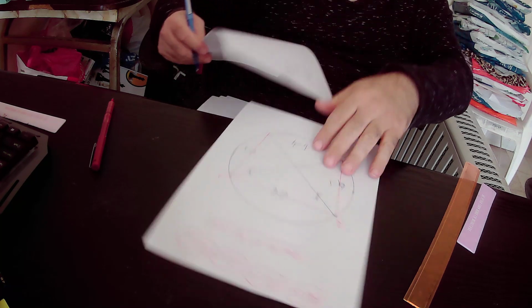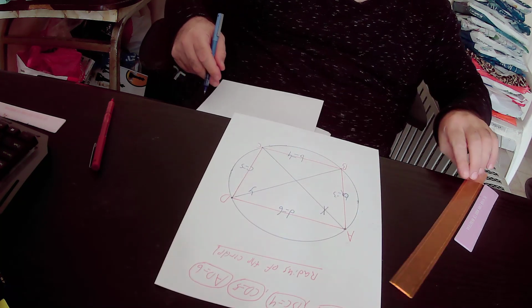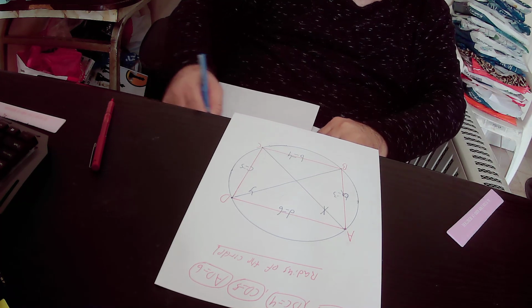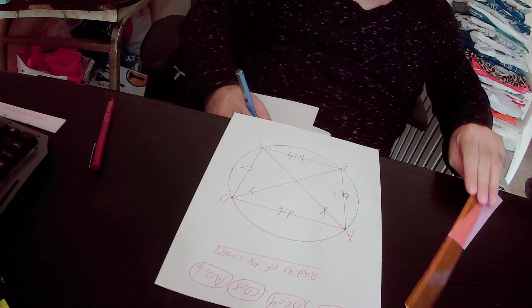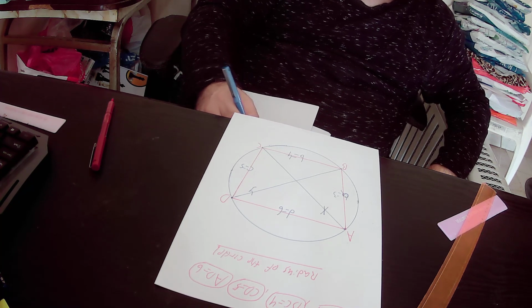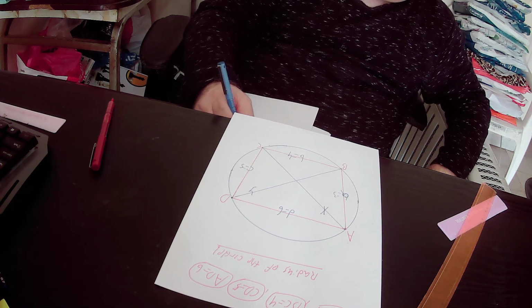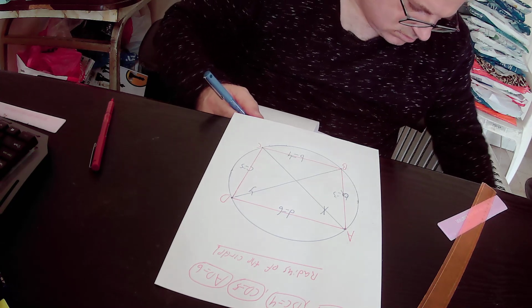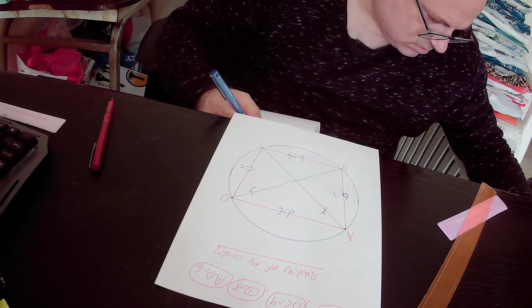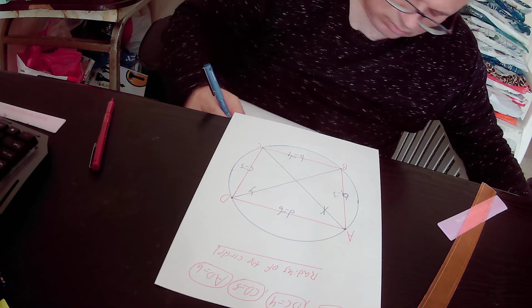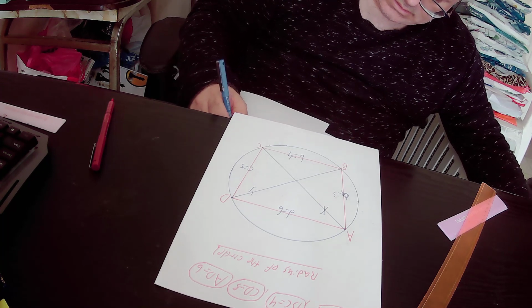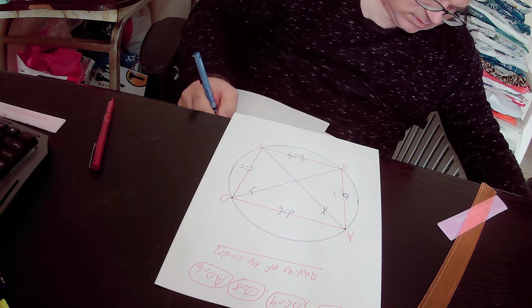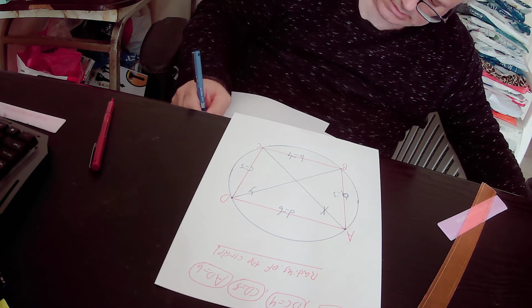But we have already found out that the area of quadrilateral ABCD, according to equation number 2, equals y over 4R times AD plus BC.